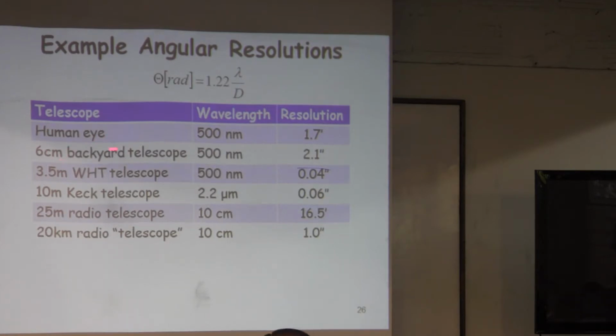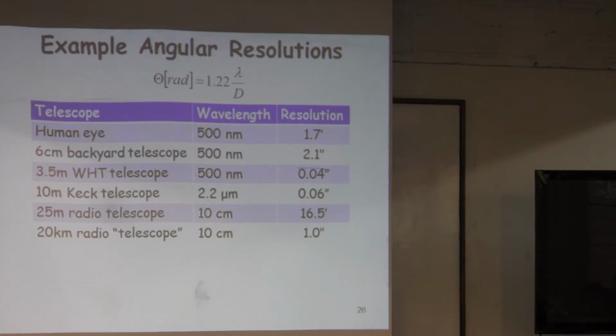But for a 6 centimeter backyard telescope, let's say at 500 nanometers, so visible wavelengths, you would in principle be able to resolve 2.1 arc seconds on the sky. So two stars that are about 2 arc seconds apart, you should be able to see, if there were no seeing.